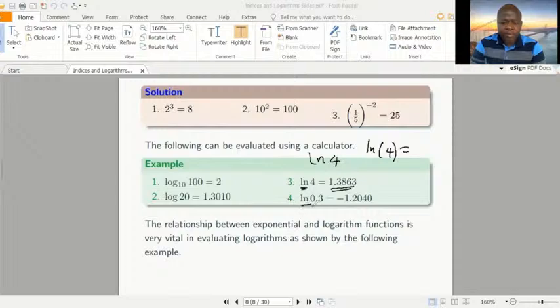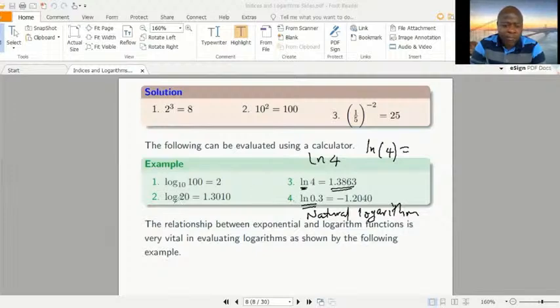And even this one, your calculator already has it. This is natural logarithm, ln. So just press ln on your calculator, put in 0.3.